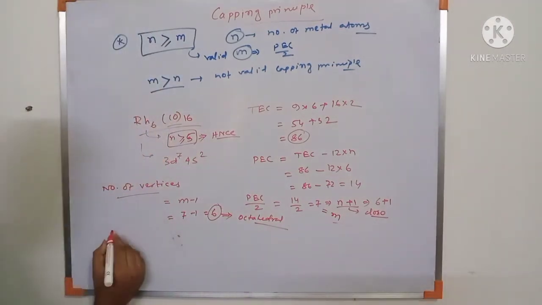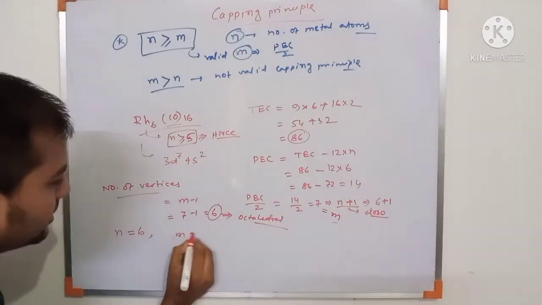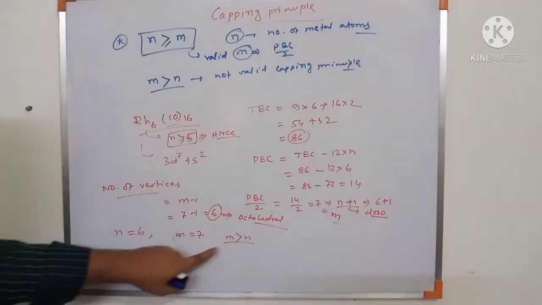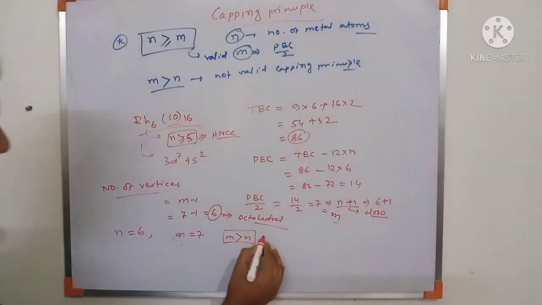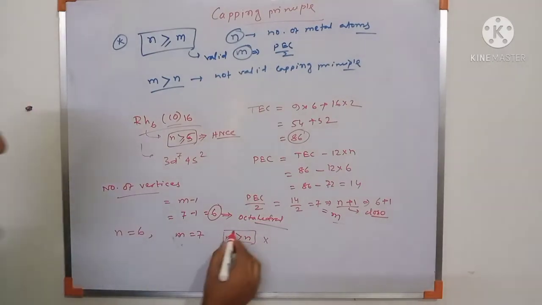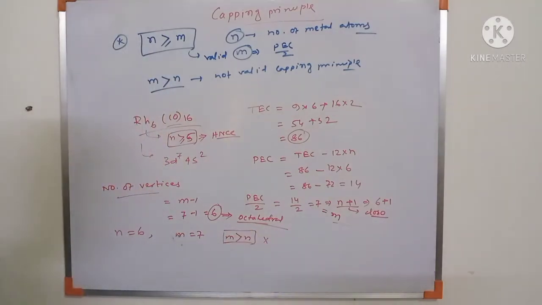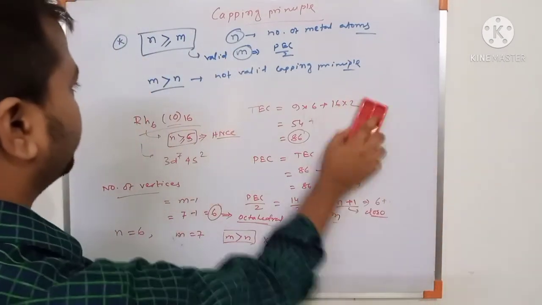First check: N is the number of metals, 6, and M is 7. So M is greater than N, and this is not a valid capping principle. As I discussed, N greater than M is needed for a valid capping principle. So the geometry is closo octahedral. Next I discuss another example.